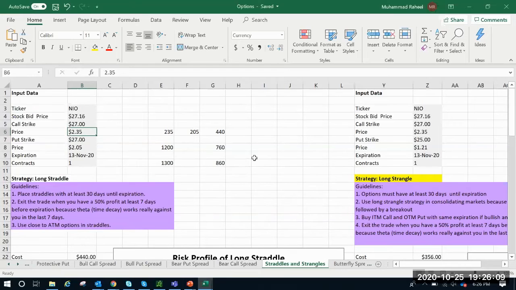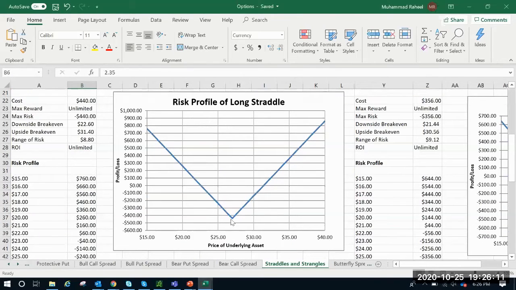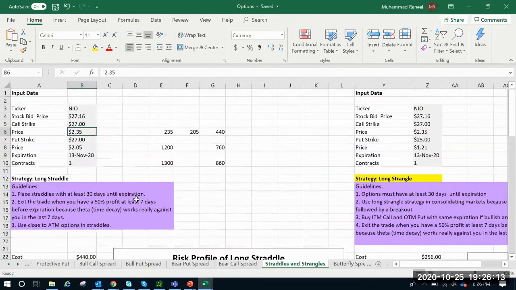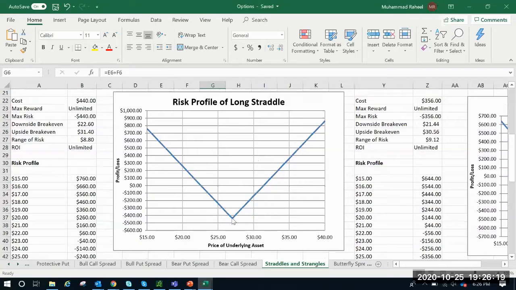But it's a very rare chance that it will literally expire at $27. It will be really unlucky if that happened, because you would lose everything. Generally it doesn't happen. Even if you lose, you're probably going to be breaking even.